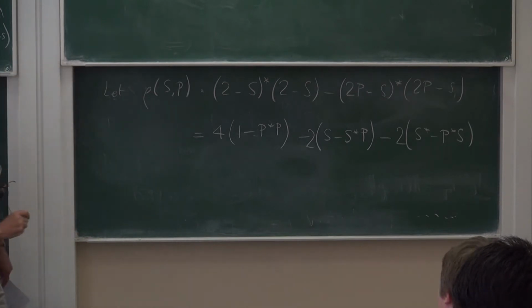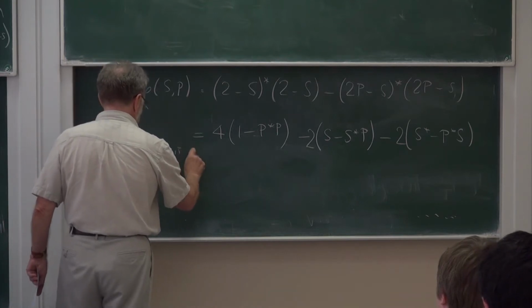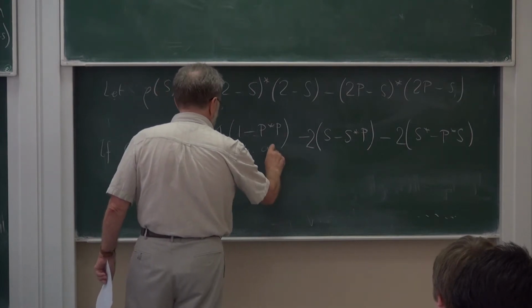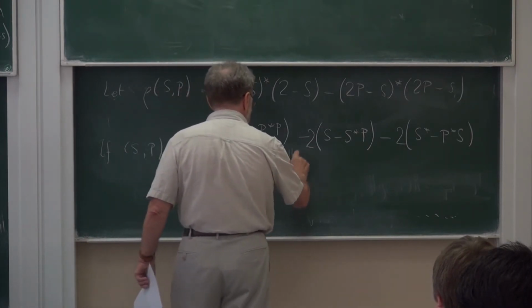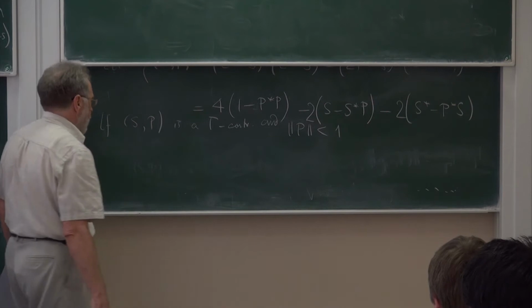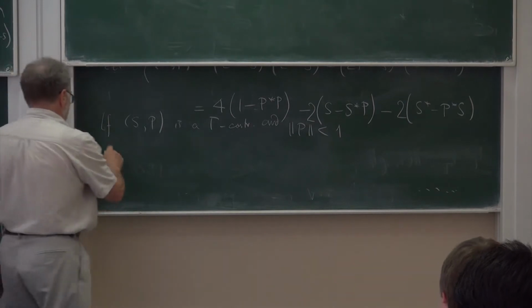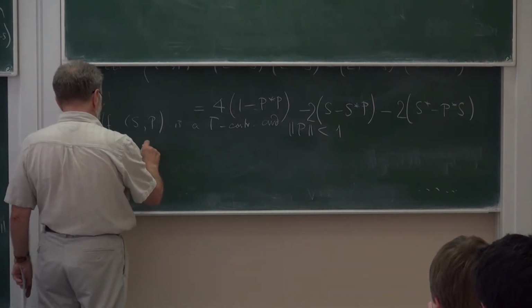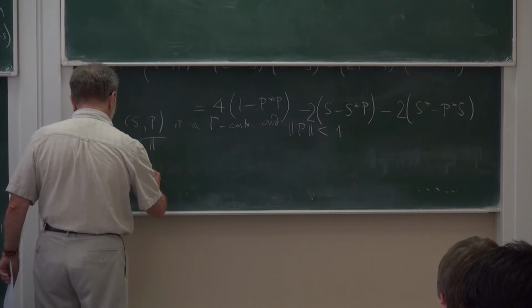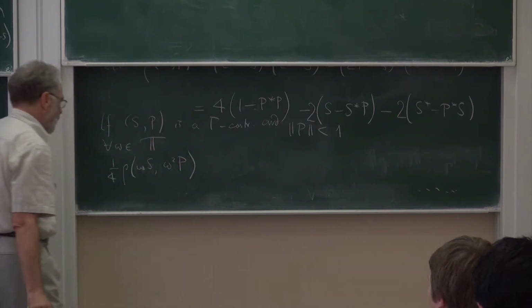And so if you've got a gamma contraction, so if (S, P) is a gamma contraction, and let's suppose for the moment that norm P is strictly less than 1, then according to this characterization up here, for all omega in the unit circle, if you look at a quarter rho of (omega S, omega squared P), that's got to be positive.